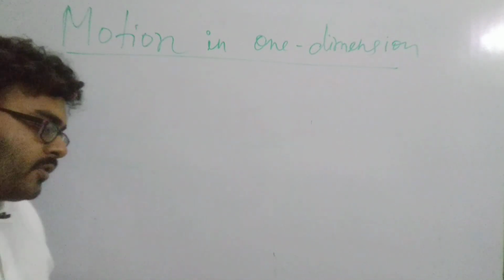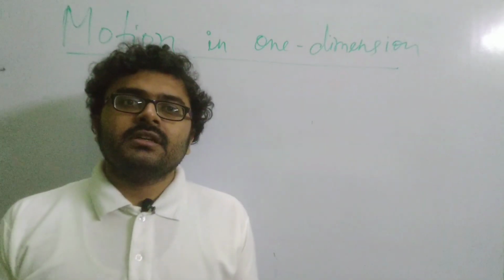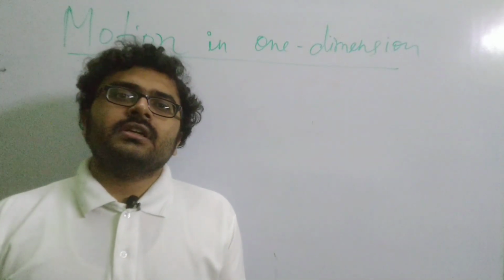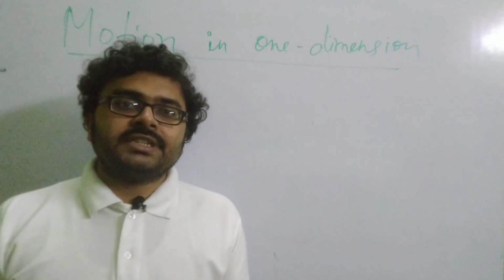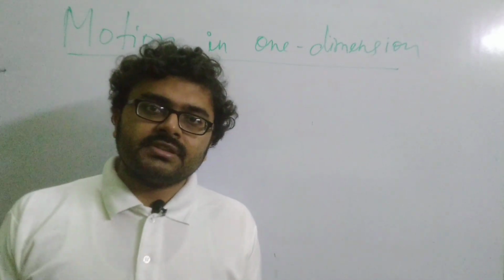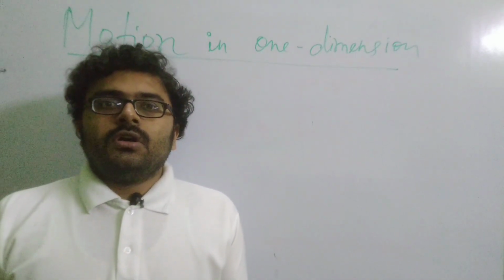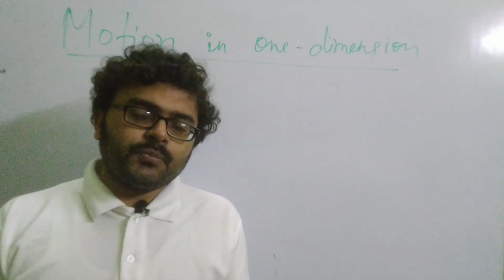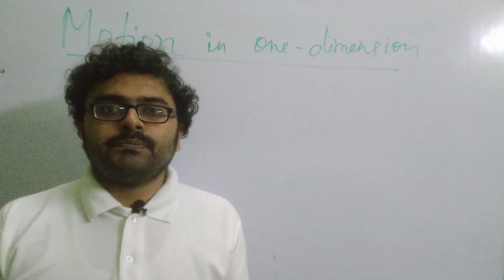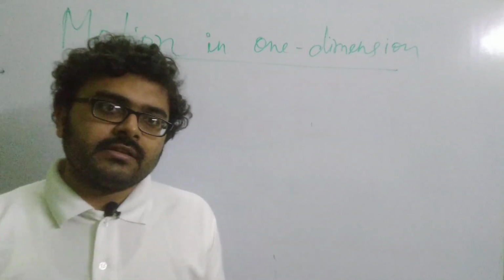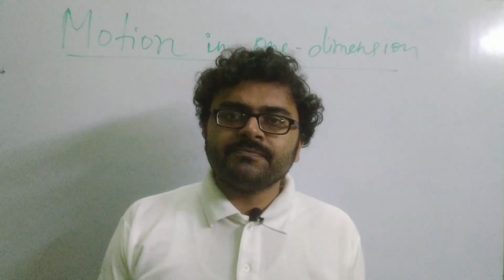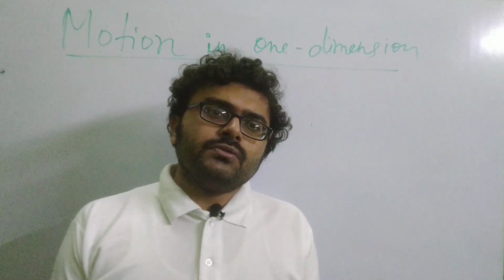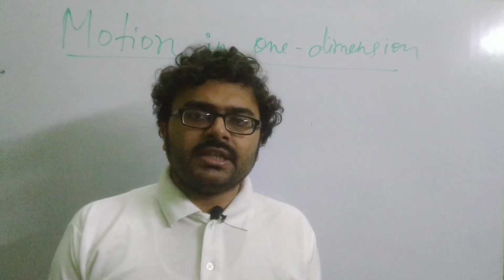You must have all read about coordinates. Okay, in geography there are latitudes and longitudes, isn't it? So, if you want to locate a point on the page or on a plane like a map, for that you need to specify two things.